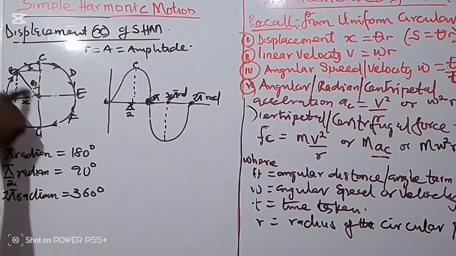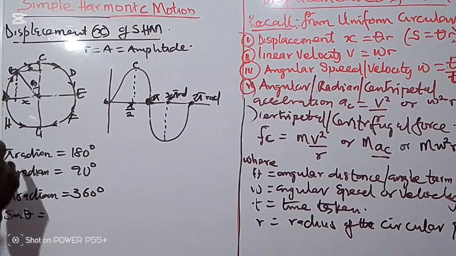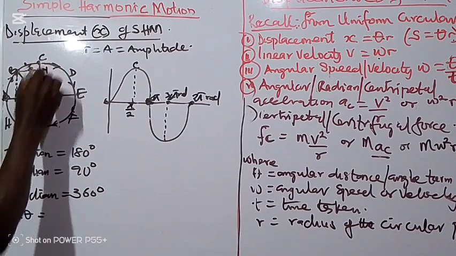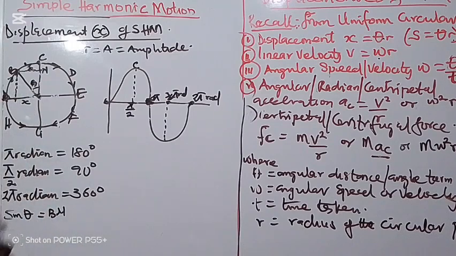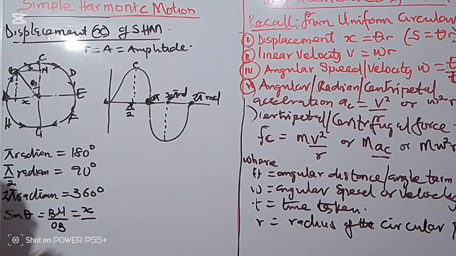So sine theta will be equal to opposite, which is our displacement x, over the hypotenuse OB, that is x over OB.